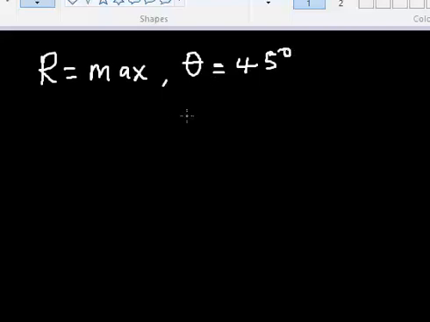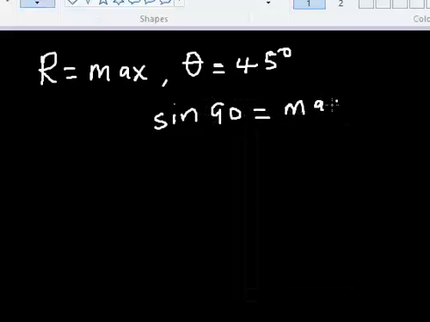What is the reason for this? Because the maximum value that you will ever get for sine theta is gotten when theta is 90 degrees. So it's only sine 90 that will give you the maximum value.